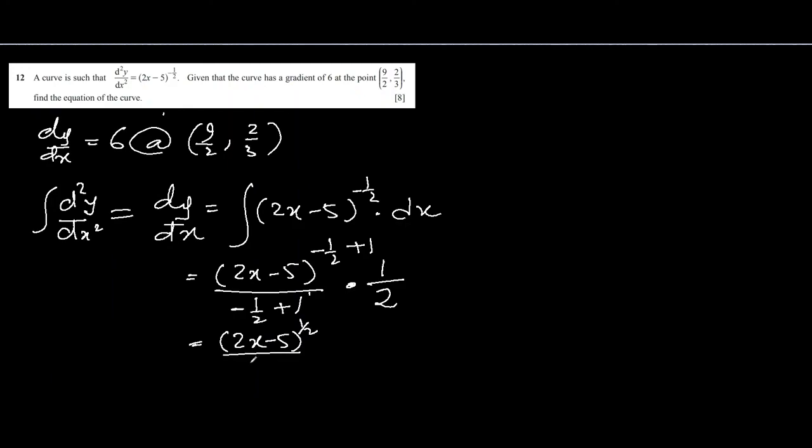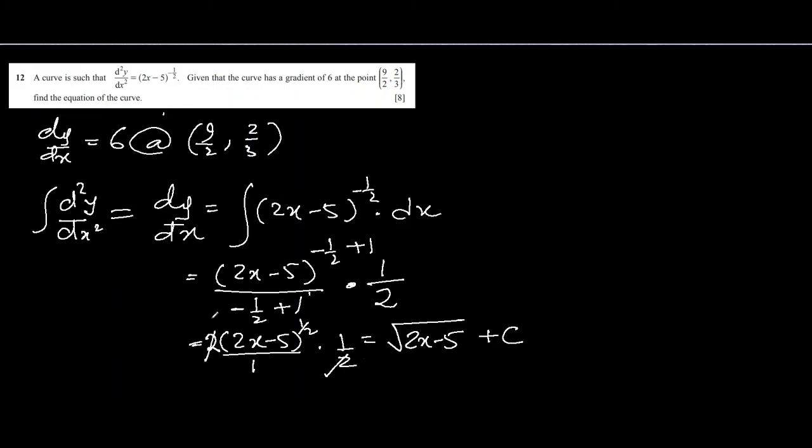I'm not writing positive half here, I will write just 1 here and 2 here, because the denominator of a denominator is the numerator, and multiplied by half. This 2 and this 2 cancel out. So we are left with only the square root of 2x minus 5, because power half means square root. And finally plus c.